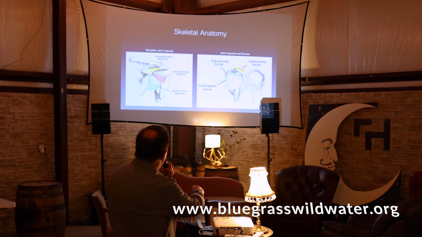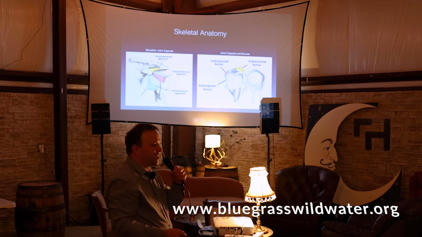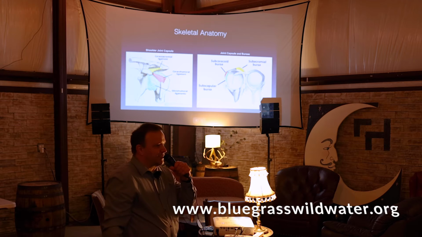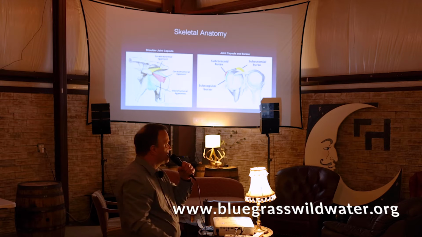And then around that we have the joint capsule, which is a fibrous tissue, ligamentous tissue that surrounds the humeral head. It has some laxity to it to allow the motion the shoulder has.